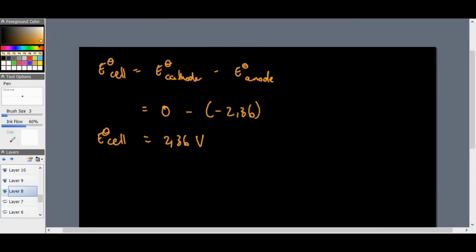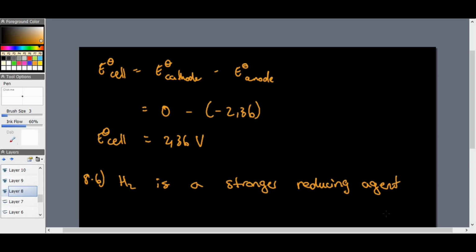Okay, so in our explanation for 8.6, we can say that H2 is a stronger reducing agent. Now, reducing agent works with oxidation, and oxidizing agent works with reduction. H2 is a stronger reducing agent than copper, and therefore the Cu2+ ions are reduced.